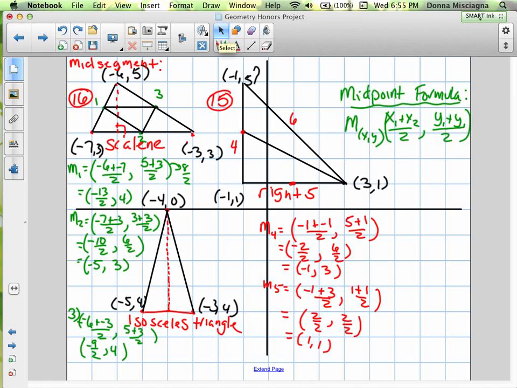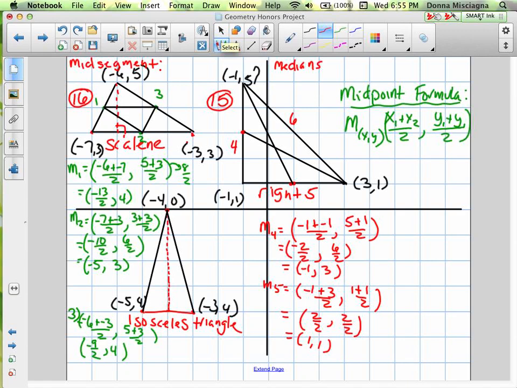And we're going to go from the vertex, so it's the vertex that's opposite. You're not going to go along the side. You're going to go from the opposite vertex to the side. There we go. There's our next median. So this one was mid-segments. This one is median. So 16 is mid-segments. 15 is medians. And then last, you're going to find one more.